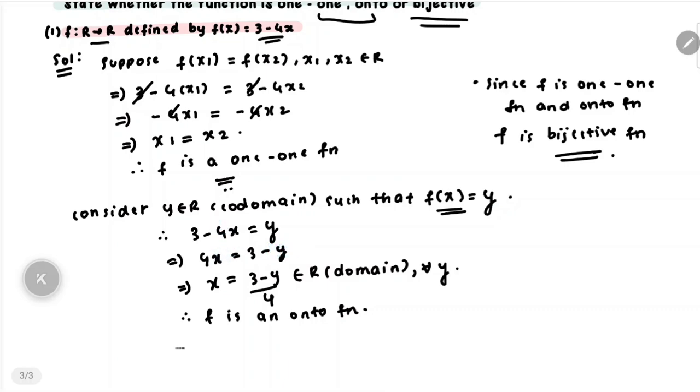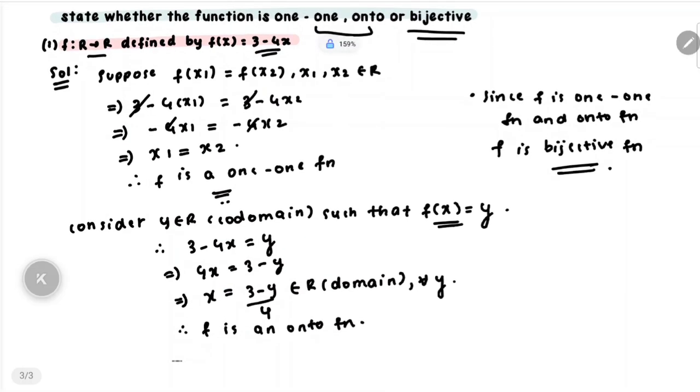So try to shift a few numbers to the left side as well as to the right side. So 4x will be here only, and 3 gets shifted to the right side, and y to the left side, so 3 minus y. So totally you have to write this. If you write this, you're going to get 5 marks.